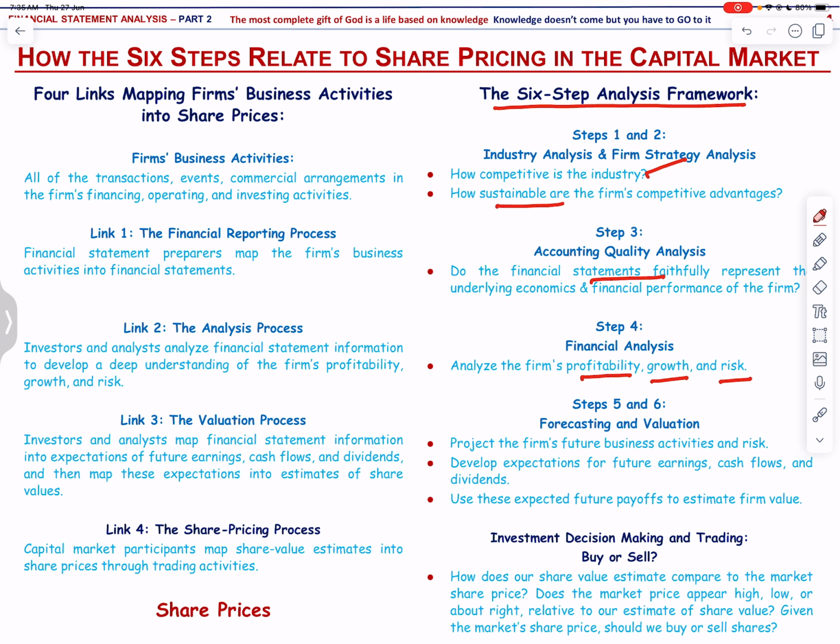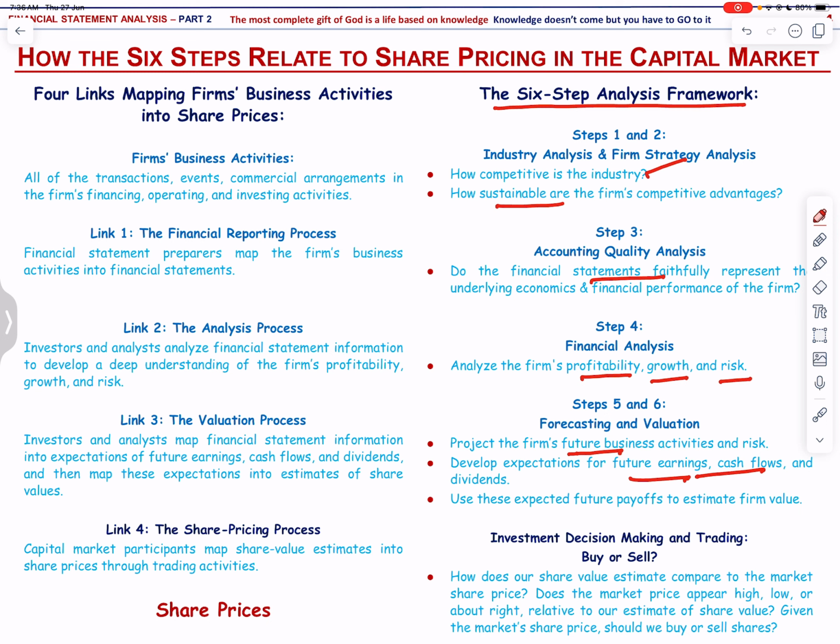In step number 5 and 6, we predict the firm's future activities and use projected financial statements like balance sheets and cash flows. Based on these projections, we estimate future earnings, cash flows, and dividends to determine the expected share value.